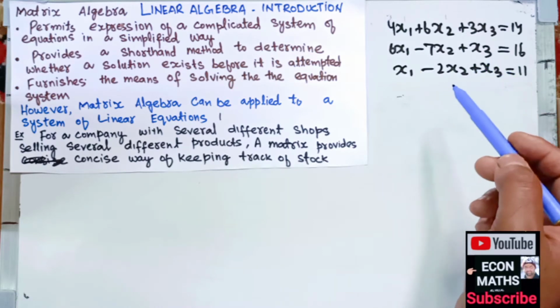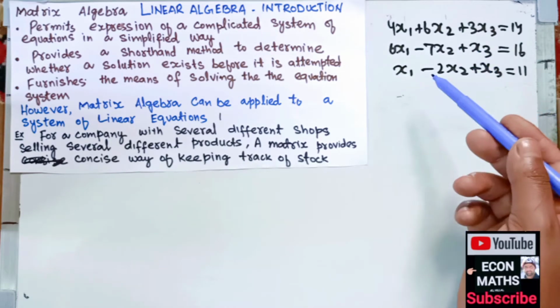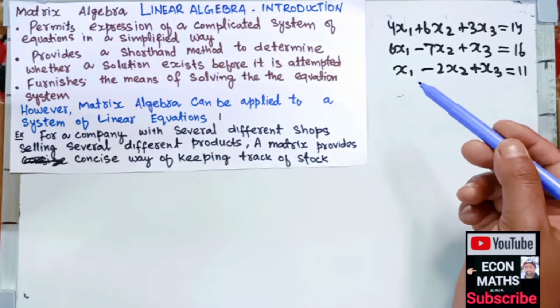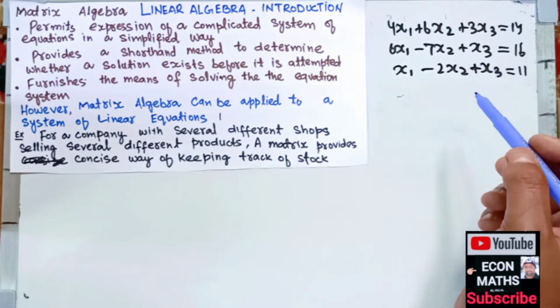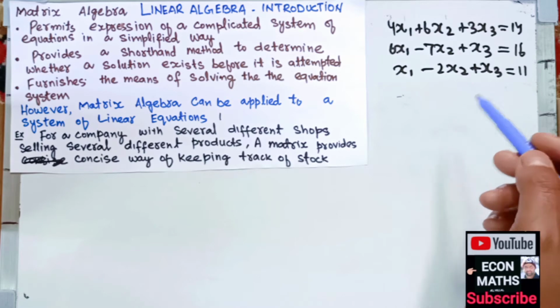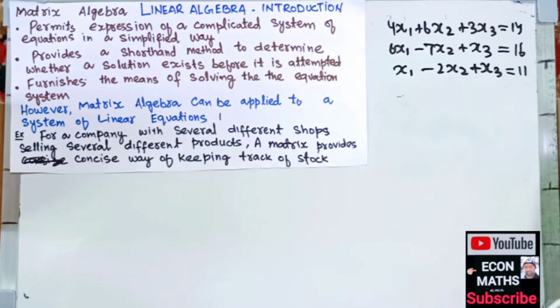So we don't have to mess up with the whole stuff. We can see whether the solution exists before we actually try to solve the system of equations. So it minimizes the process of solving the system of linear equations.